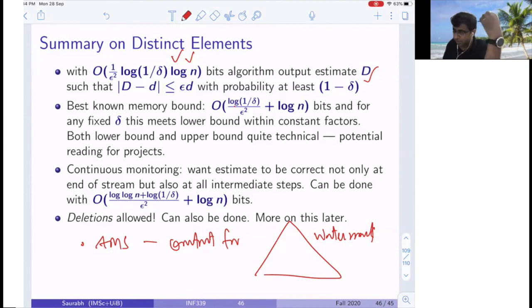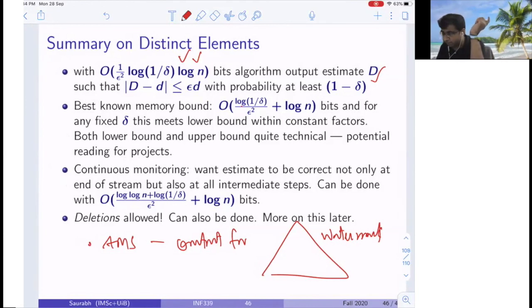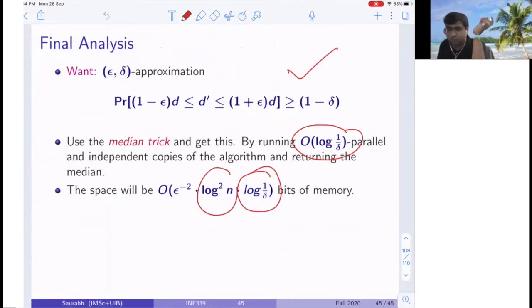But then we used this basic idea of geometric sampling to turn the AMS algorithm into an epsilon delta algorithm. But notice that there's an extra log n bit here. So this is not the best, the first algorithm is better, but I taught it largely for pedagogical reasons. Okay.